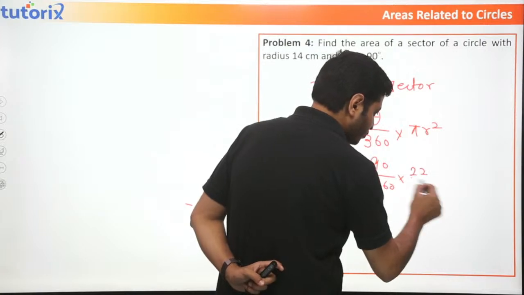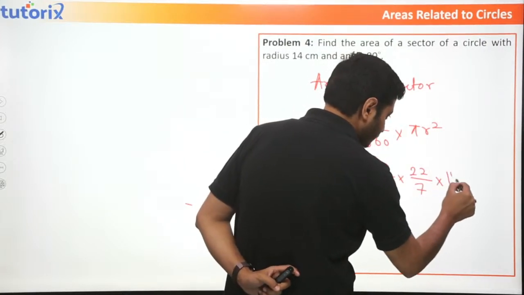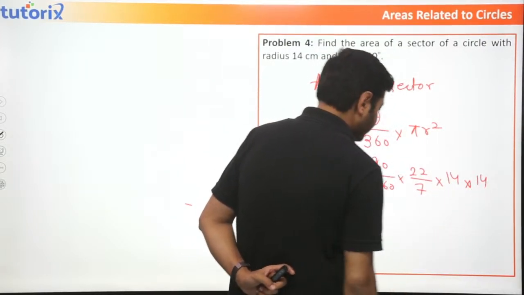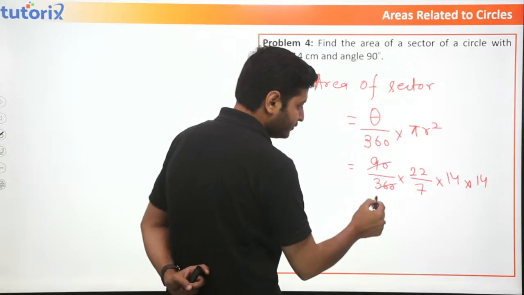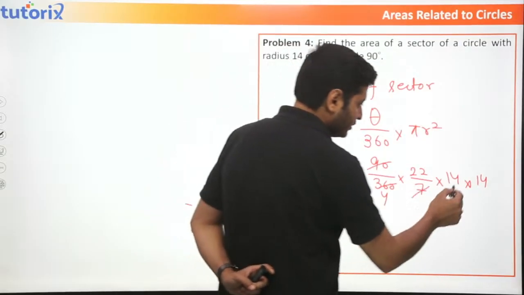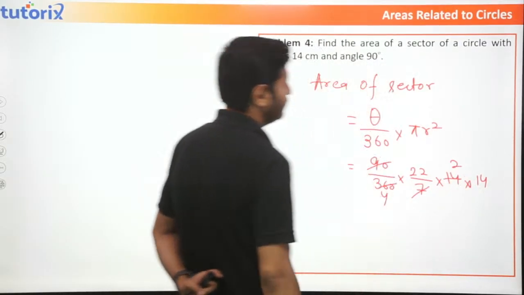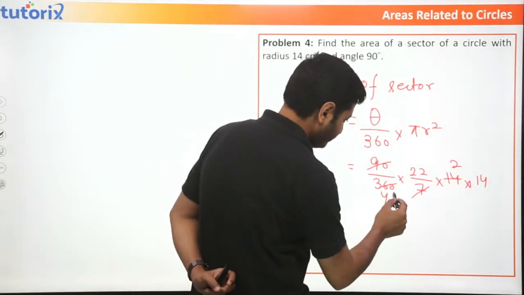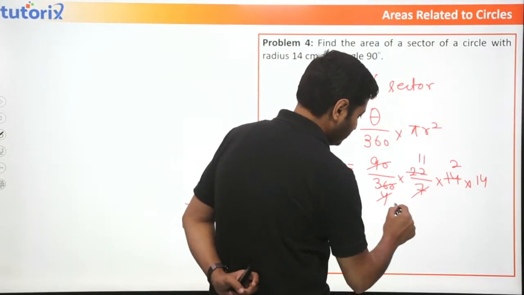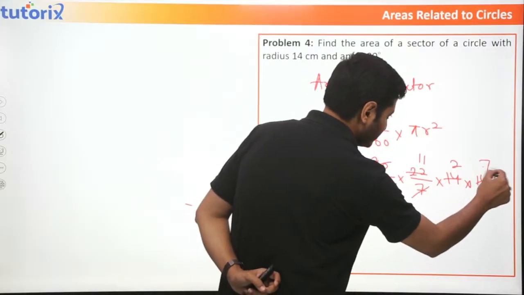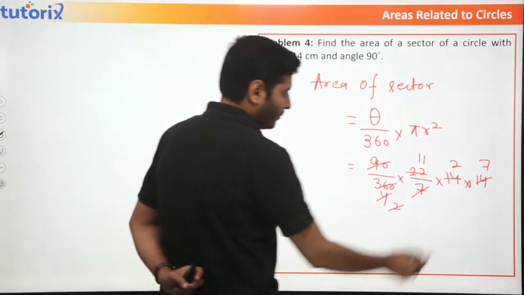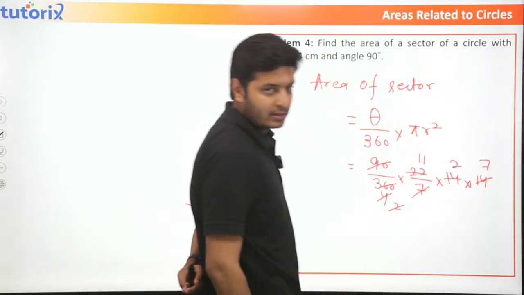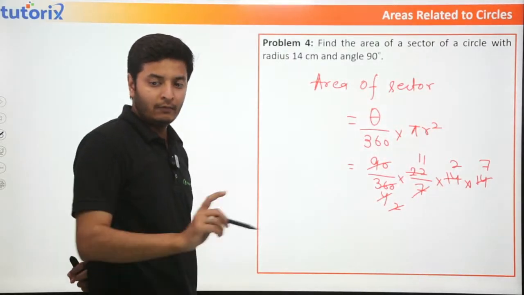So 22 by 7 into 14 into 14. Now this is 1 by 4 and 2, 11, 2, and this is 7. 7 into 11, 77, into 2, 154.